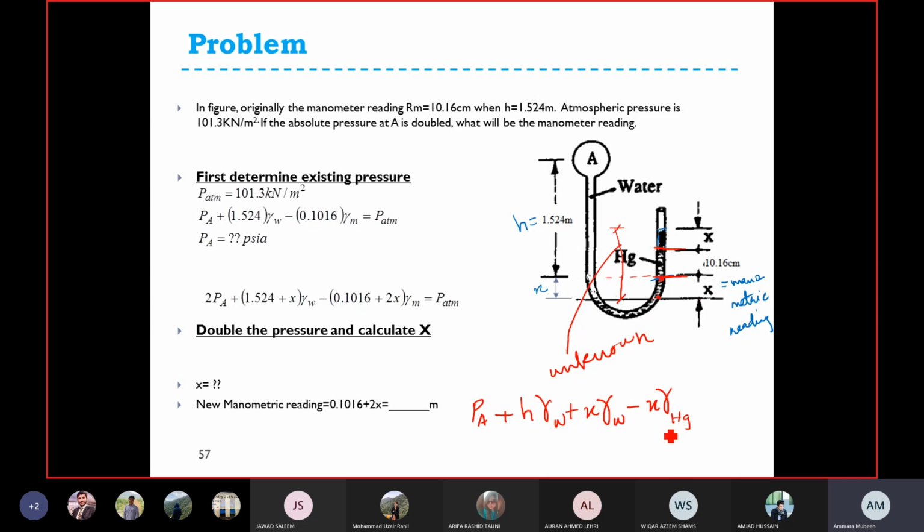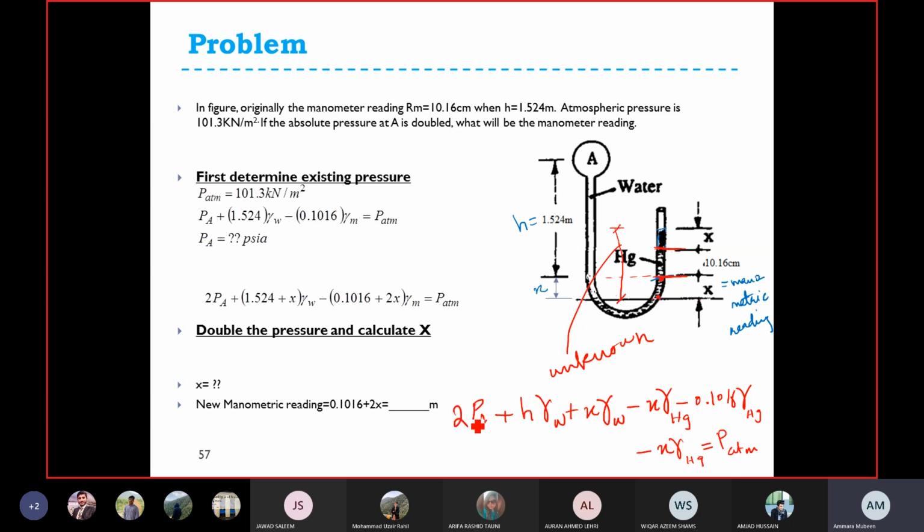So we'll be writing accordingly: minus 0.1016 gamma of Hg. And then again this dimension is x. It will be minus x into gamma of Hg is equal to P atmospheric.